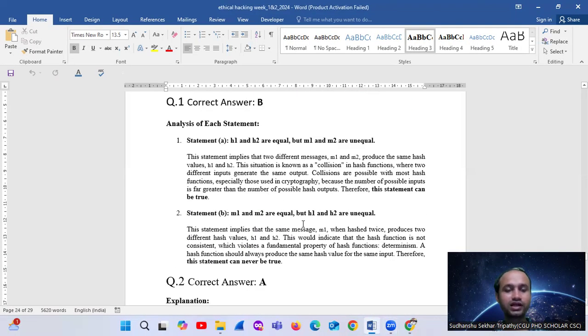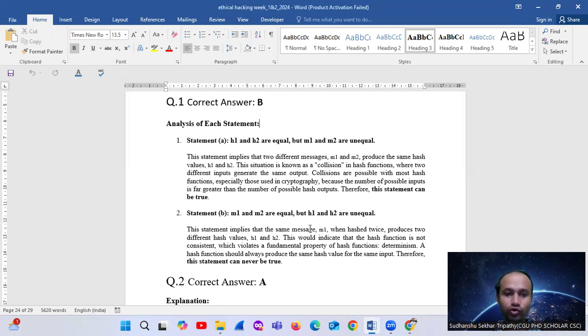So let's analyze each statement. Statement A, H1 and H2 are equal, but M1 and M2 are unequal. Okay. This statement implies that two different messages, that is M1 and M2, produce the same hash values H1 and H2. This situation is known as a collision in hash function, where two different inputs generate the same output.